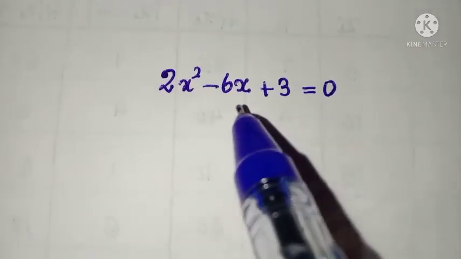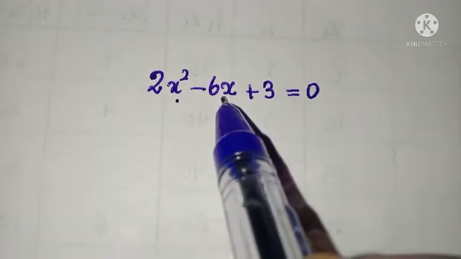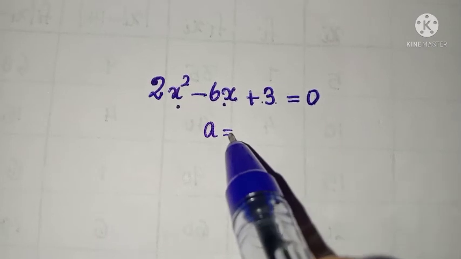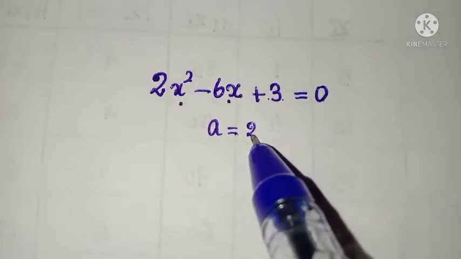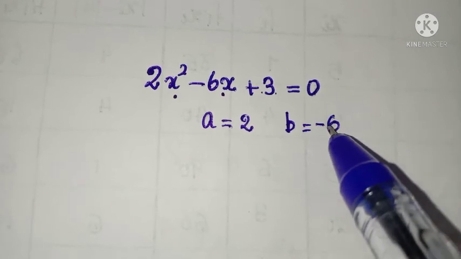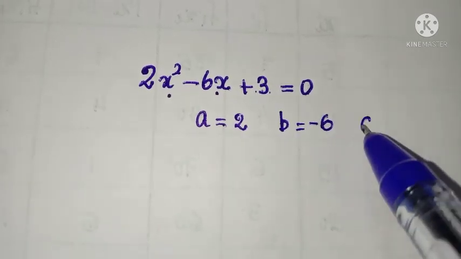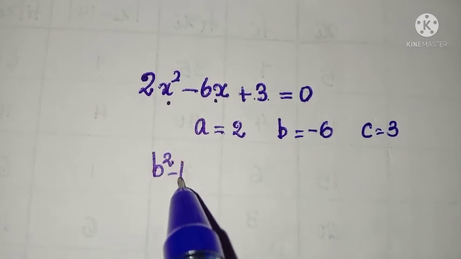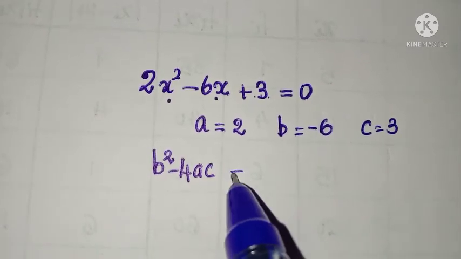Next question. 2x square minus 6x plus 3 equal to 0. Here what is a? a is equal to 2. What is b? b is equal to minus 6. c is equal to 3. Now find the discriminant b square minus 4ac.